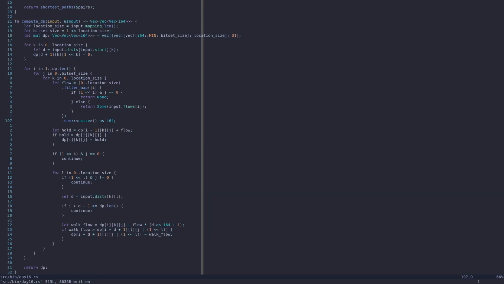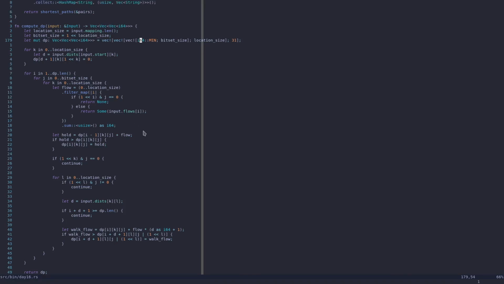Then I have implemented the solution using dynamic programming, which, I guess, was really hard, but I got it to work somehow. So we require this DP 3D array that will store the maximum flow that we can have at some point, and we can index this array using the time that has passed in the beginning, the location where we are currently, and we can also use a bit set that will represent which valves are open.